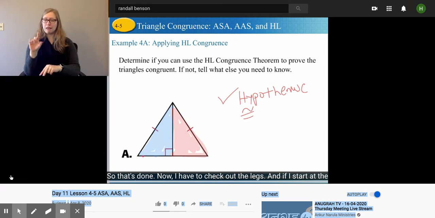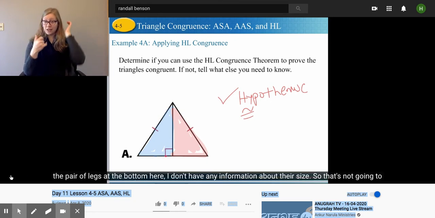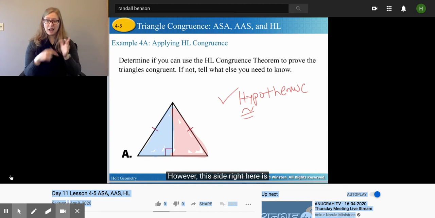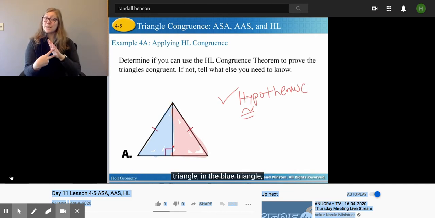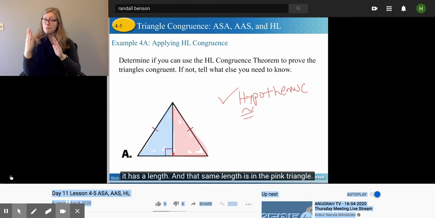If I start at the pair of legs at the bottom here, I don't have any information about their size, so that's not going to help me. However, this side right here is shared between the two triangles. In the blue triangle it has a length, and that same length is in the pink triangle.